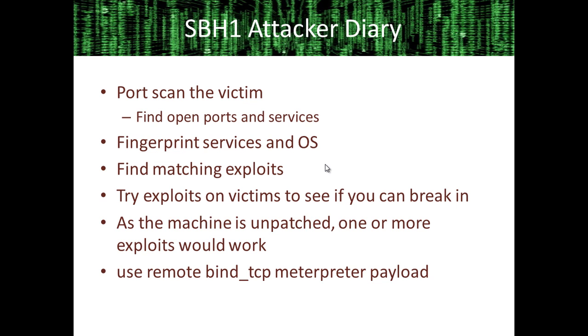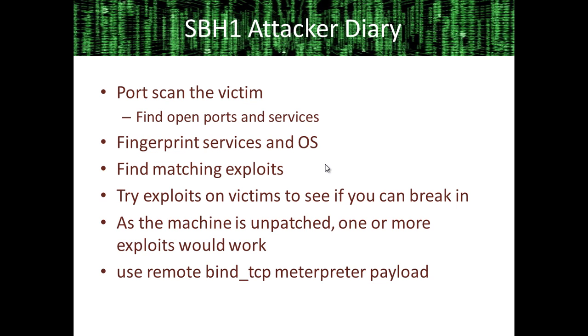Once he does that, he's going to figure out what is the version of the services as well as figure out what the operating system is. Then he would try to find matching exploits, and as the victim is unpatched, one or more of these exploits would end up working, right? And depending on what he wants to use, he could actually use a remote bind_TCP meterpreter payload. So let's look at a demo right now.